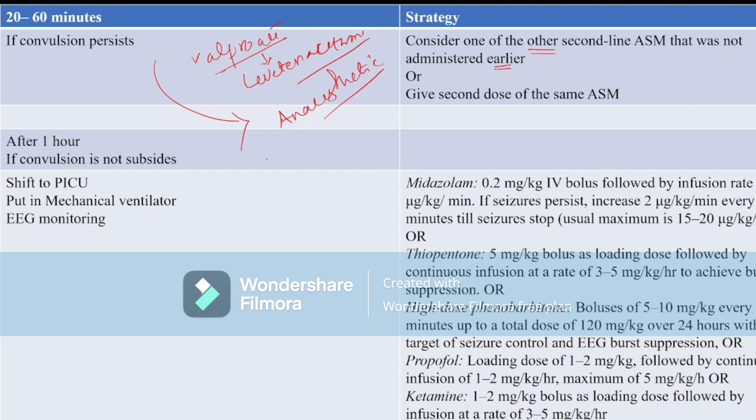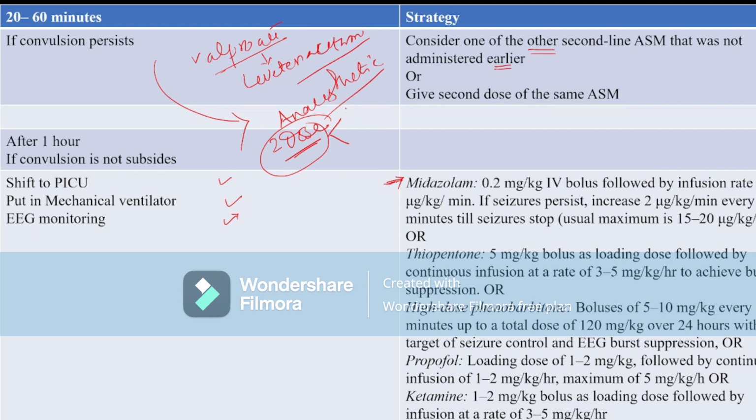It is better not to give midazolam infusion before 1 hour of convulsion. So after 1 hour of convulsion, if the seizure has not subsided, that means after giving 2 different second line drugs, or you give 1 second line drug and after 1 hour the seizure has not subsided, you shift the patient to PICU, put the patient on a mechanical ventilator, do continuous EEG monitoring, and start midazolam infusion.